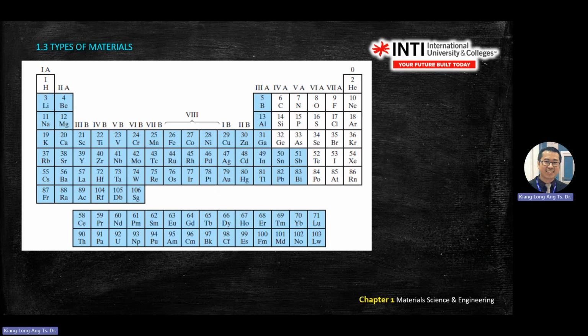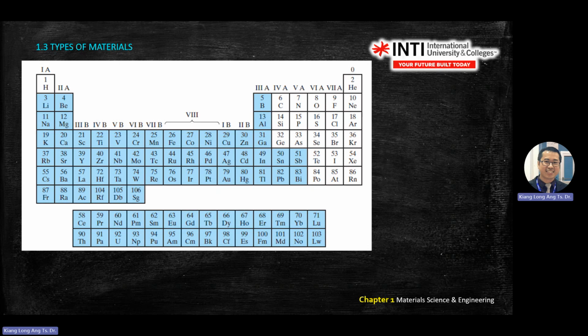Okay. So just a recap, how you read a periodic table. You read by row and column. The first column, we call it family 1, then family 2, and then you read accordingly: family 1, family 2, family 3, and then 7, and then 8.